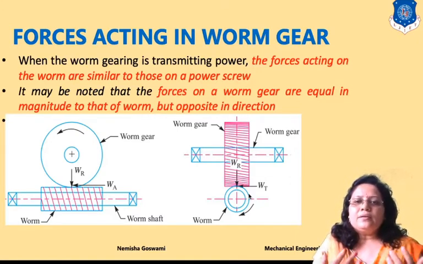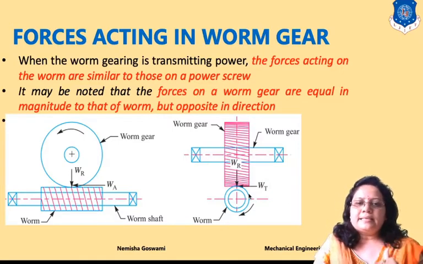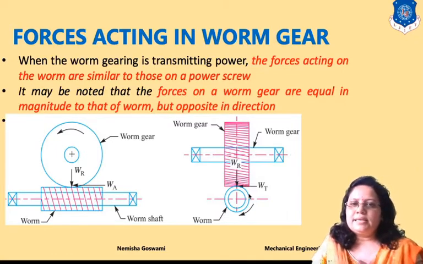The forces on the worm gear are equal in magnitude to those on the worm, but in the opposite direction. You can see WR, WA: WA indicates the axial load, WR indicates the radial load, and WT is the tangential load. You can see this in the diagram.